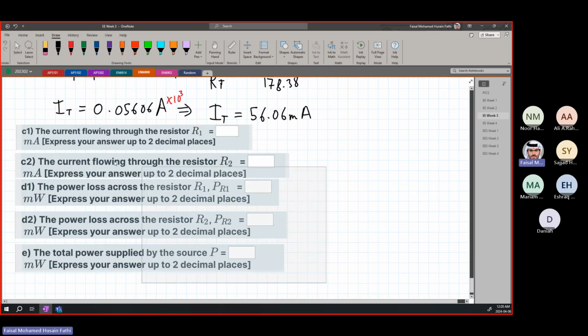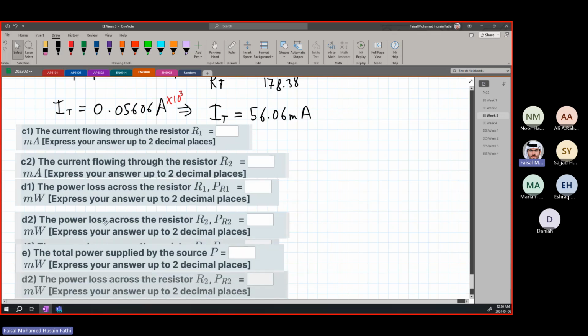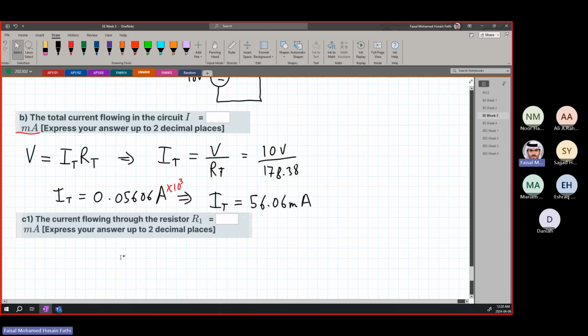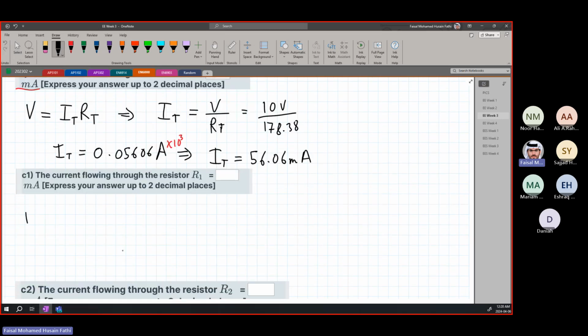Okay? Now it's asking to find the current that is going through resistor 1. Then again, the same exact idea. V is constant, it's not changing. V then is equal to I1 R1. We could say V1, but we know that V1 equals V2 equals V, so you could just use V directly so that you don't get confused. So V is equal to I1 times R1.